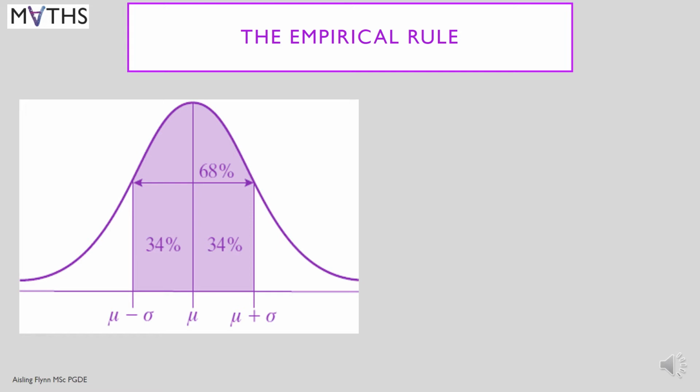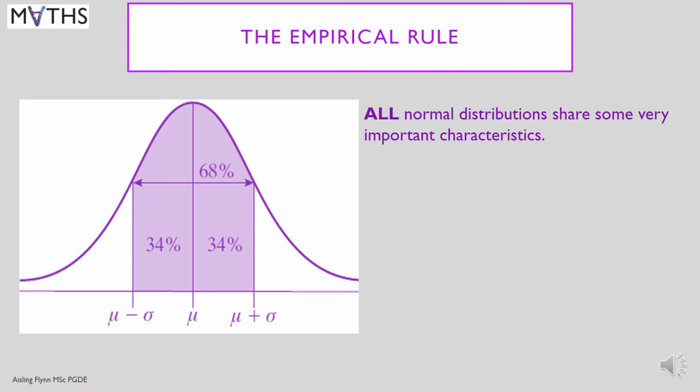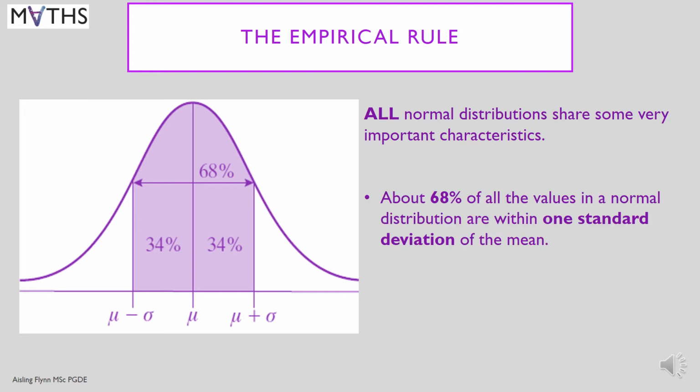All normal distributions share some very important characteristics. About 68% of all the values in a normal distribution are within one standard deviation of the mean. So the vast majority of data will be close to the mean, some a little bit below, some a little bit above it.